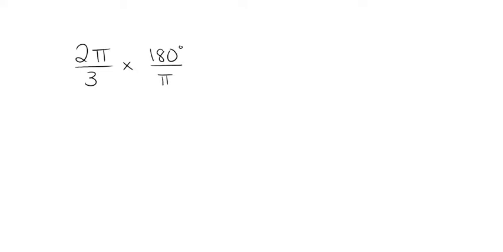So our pi's will cancel out, and this will be equal to 2 times 180 degrees divided by 3. 180 divided by 3 will be 60, and then 60 times 2 will be 120. So it'll equal 120 degrees. And whenever you convert to degrees, always round to the nearest degree if there are any decimal places.